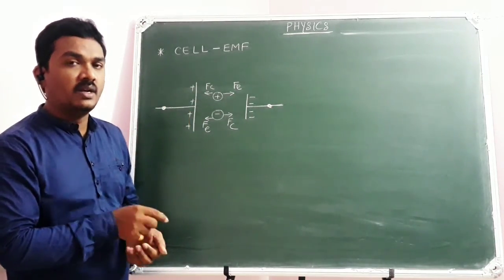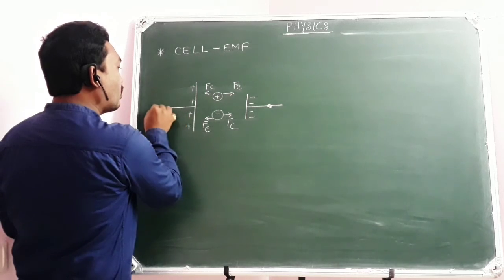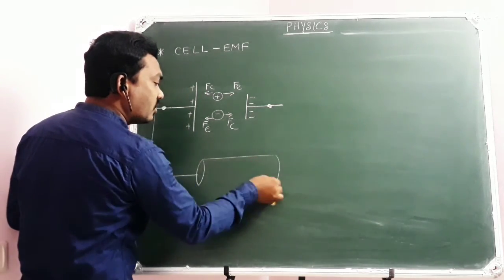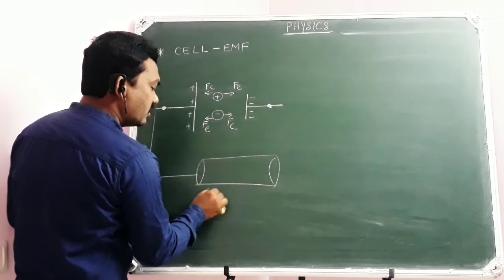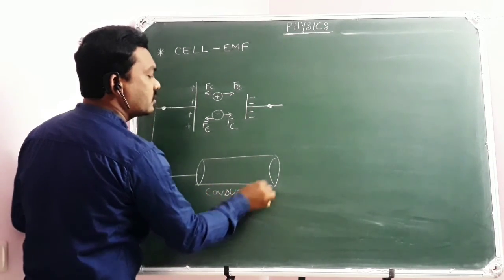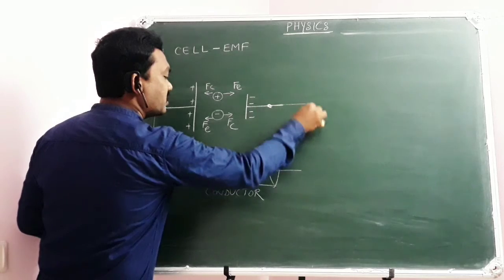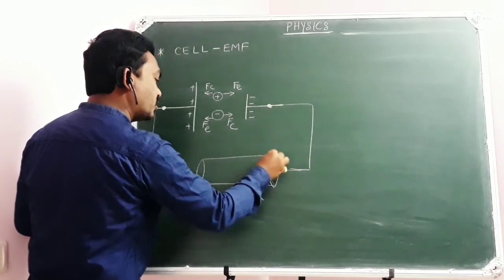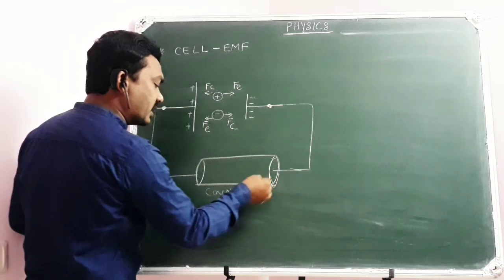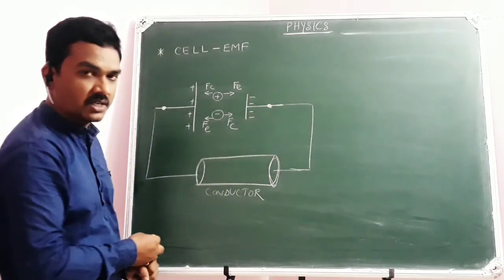But you know very well, when this cell or battery is connected across the terminals of a conductor, this is all you have learnt, of course. It's just a small recollection to you to get into my concept. So the terminals of the cell are connected across the terminals of a conductor.